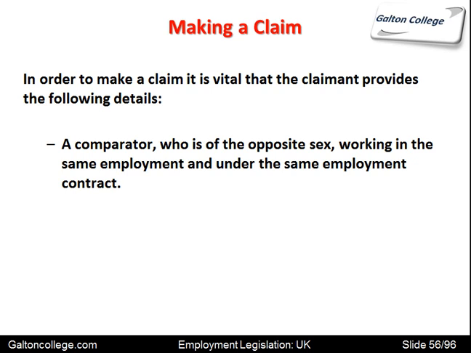So if a lady is taking an action under this law, then she should find a worker, let's say a male worker, who's doing exactly the same job as her, but who's getting more. If it's exactly the same tasks, the same output, the same skills are required, the same conditions of work apply, if everything's the same, then it should be the same rate of pay.